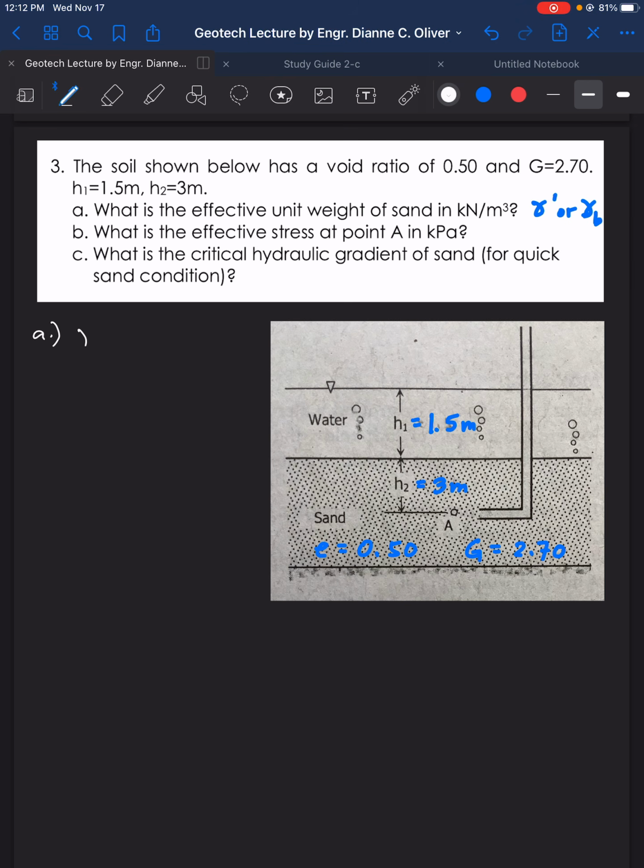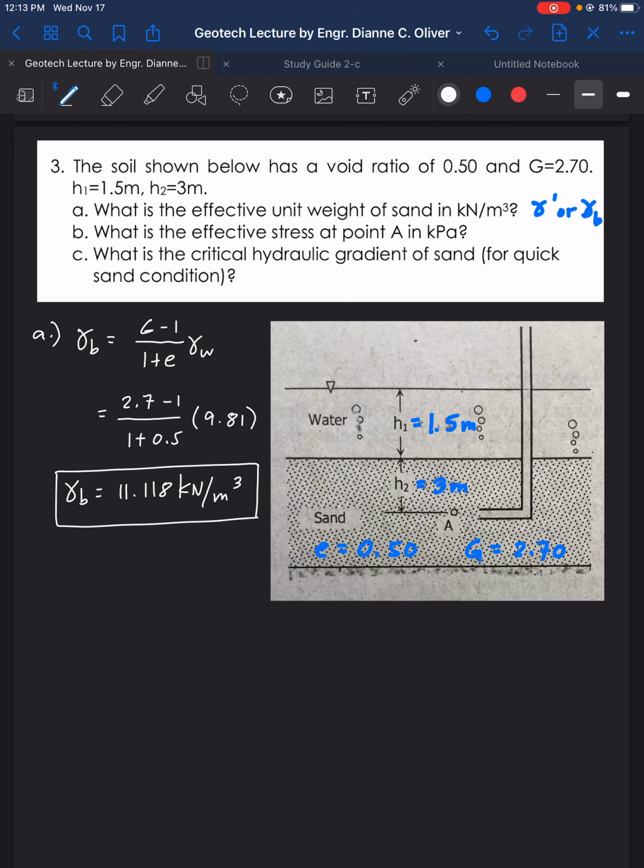The formula for gamma buoyant is equal to G minus 1 all over 1 plus E gamma W. So that is 2.7 minus 1 all over 1 plus 0.5. Gamma W, gamma of water, is 9.81, and gamma effective is now equal to 11.118 kilonewton per cubic meter.